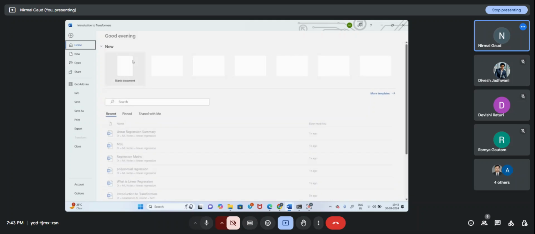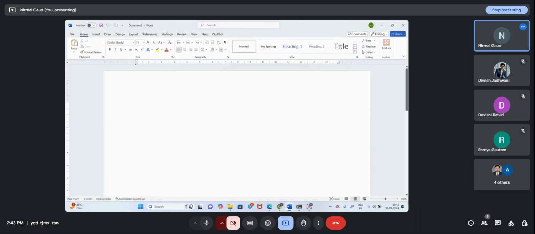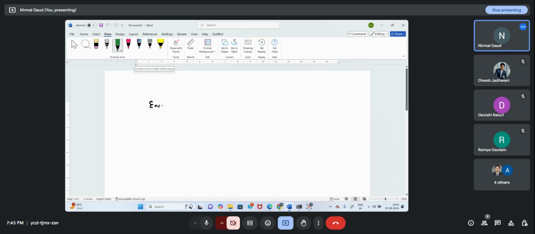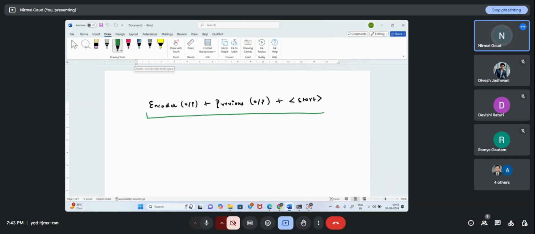You gave encoder output, plus previous output, plus start. This will be given to the embedding first.